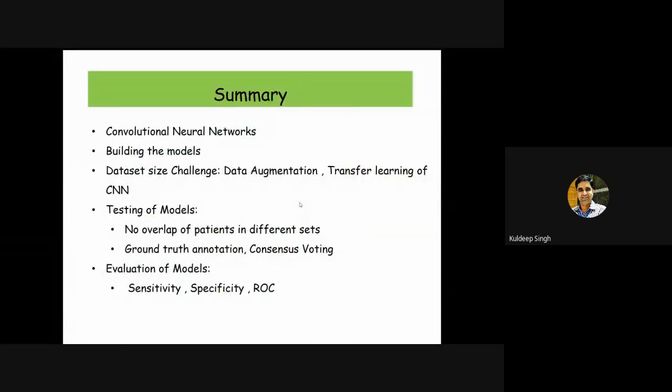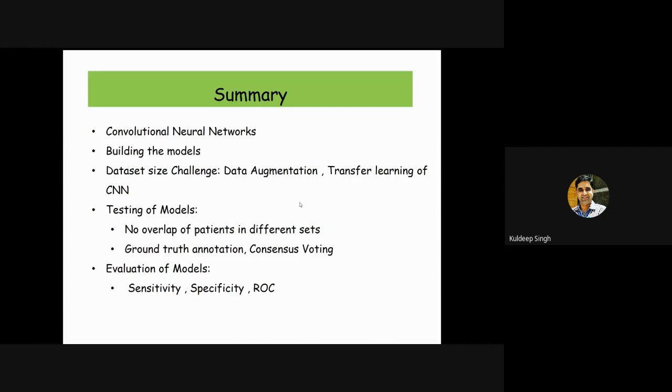So let's summarize what exactly we have discussed as of now. We talked about the basics of deep learning. We differentiated between different terms of AI, ML, and DL. We talked about convolutional layers, different layers of convolutional neural network. We talked about how we build the model.